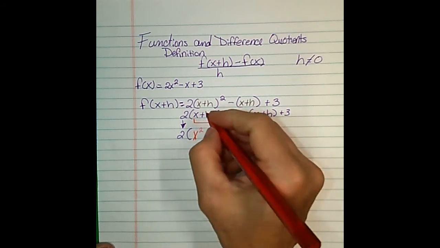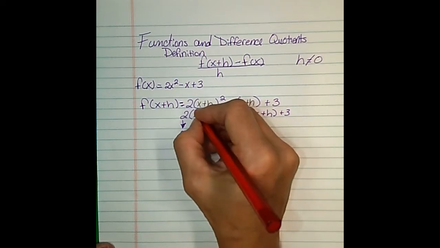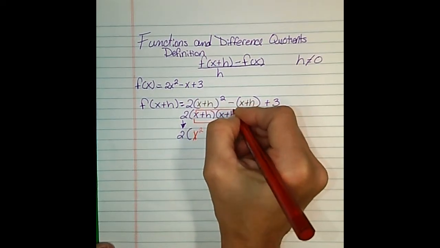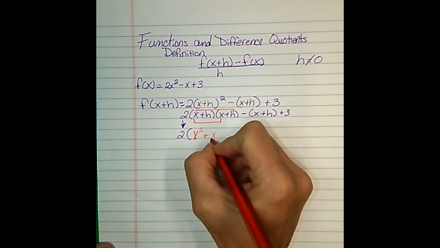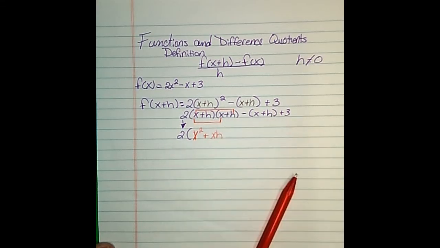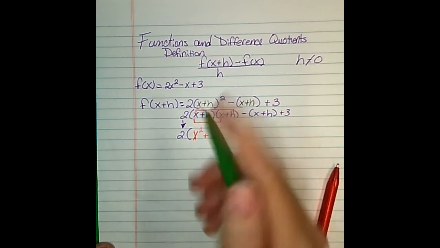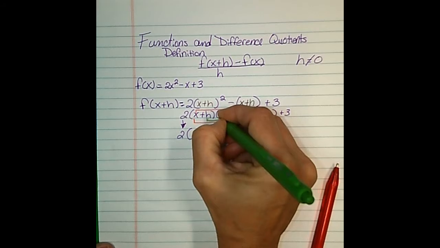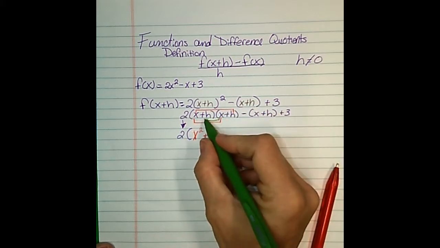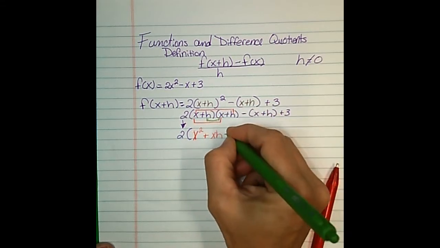And then my outers, which is x times h, and they're both positive, so it's going to be a positive xh. And now I have my inners, and they're both positive, and it's h times x, so it's a positive.